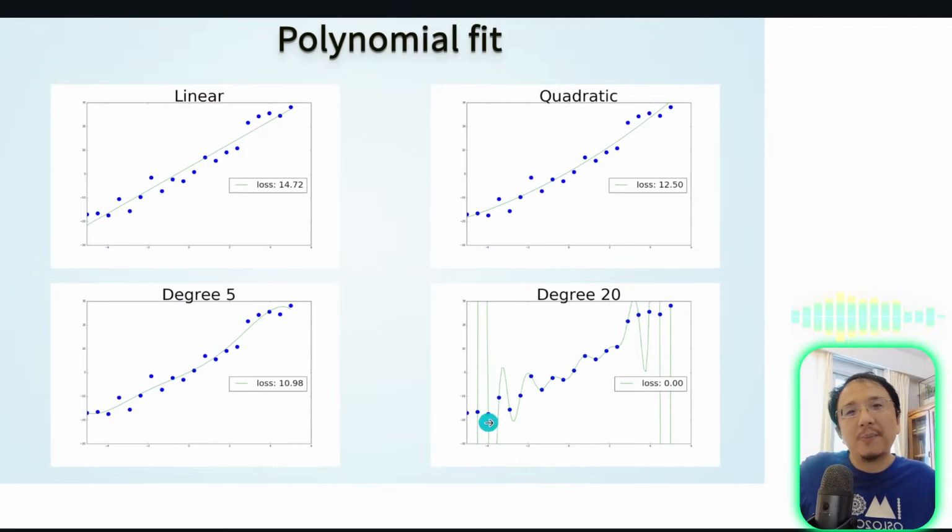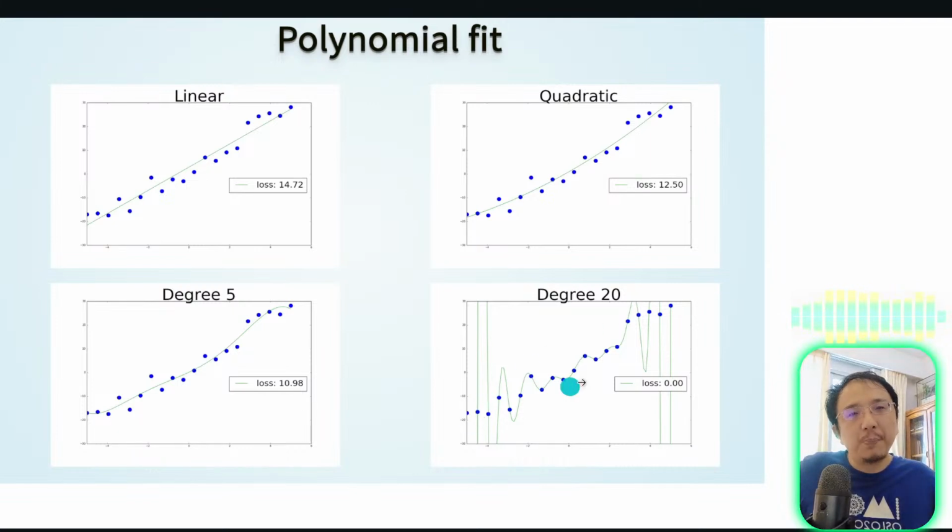And we can also fit it with a polynomial of degree 20, because we only have about 20 data points. So we can actually fit our data set perfectly by using a polynomial with a high enough degree. In this case, 19 is probably enough, but I'm using a degree 20 polynomial. So you can see the loss is 0. We can fit it perfectly.